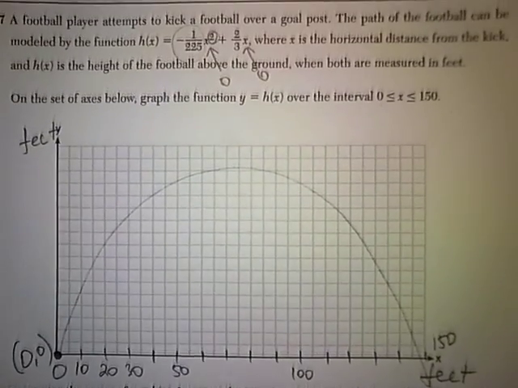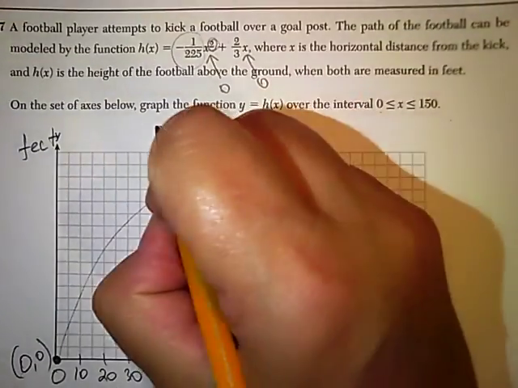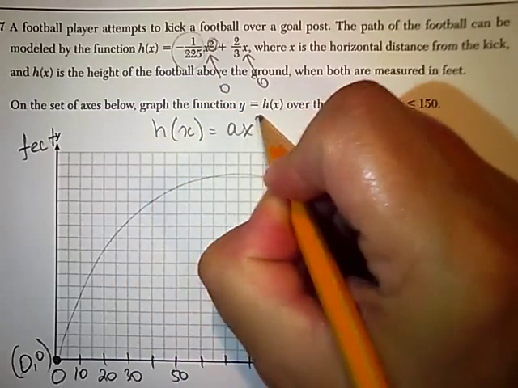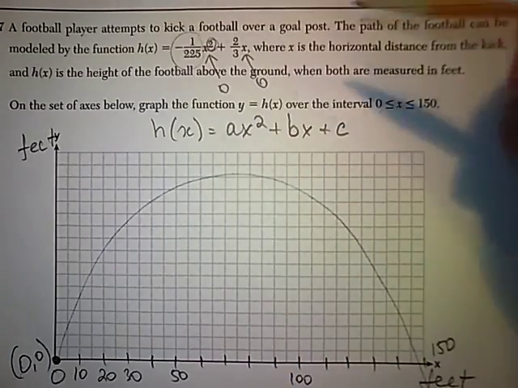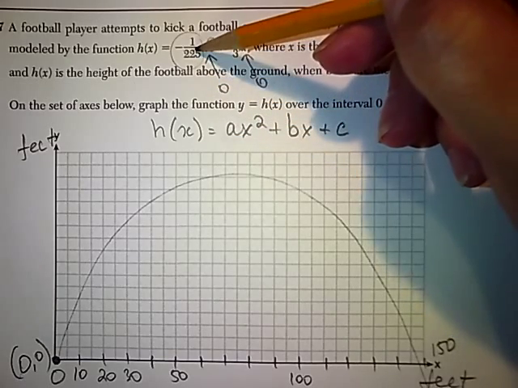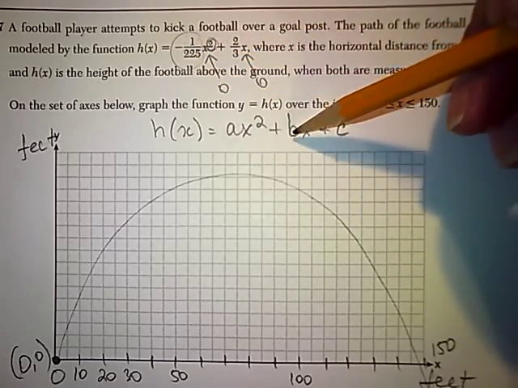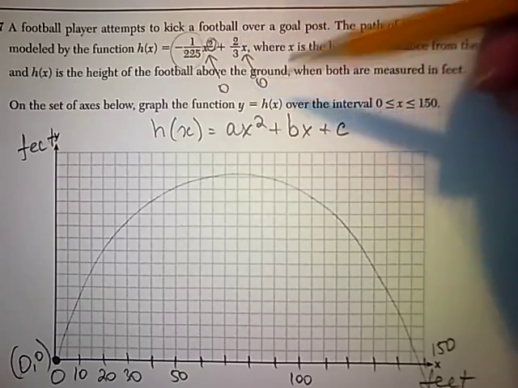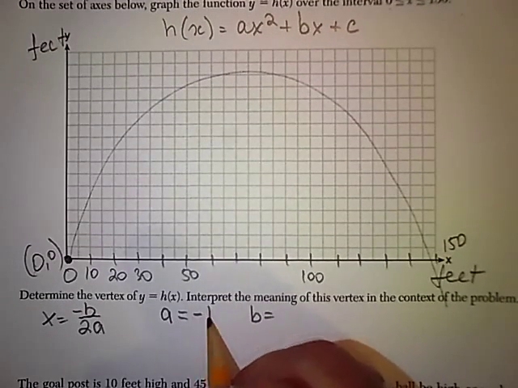Let's go back to the formula. If you remember, the general equation of the quadratic function is ax squared plus bx plus c. So a is negative 1 over 225. b is 2 over 3. Let me write it down.